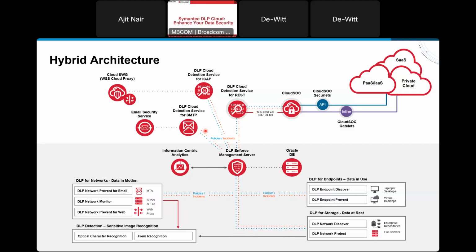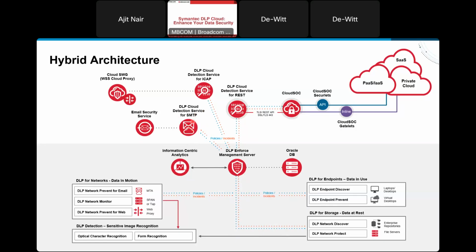I think lately we also introduced a reflect mode for Gmail as well. You configure a connector basically, and in that connector you add those domains, right? And once you configure that connector, those emails are sent to our cloud detection service for SMTP.